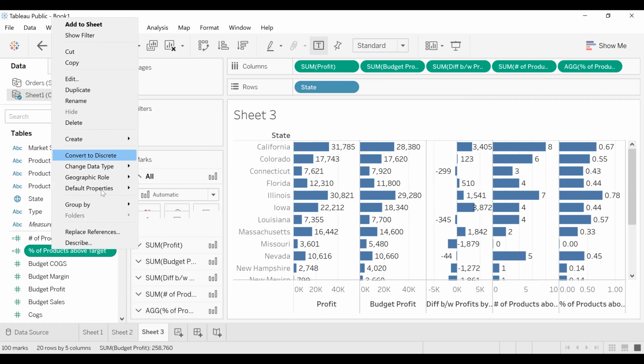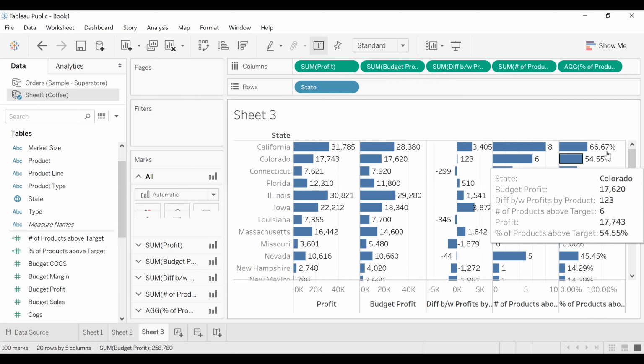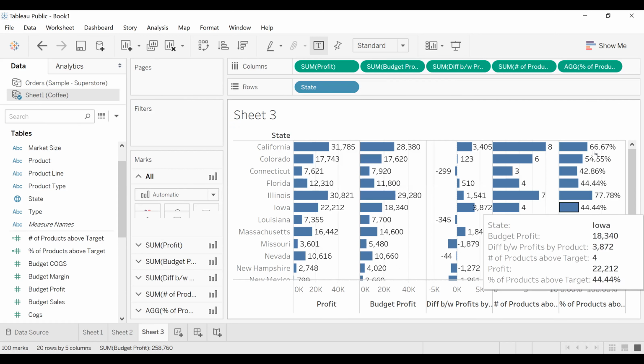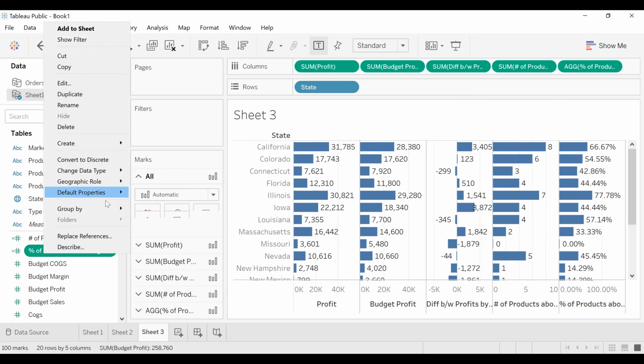Now let me change this into percentage form. So if you see, it is coming as 66.67%. We can remove the decimal places, we don't want them.